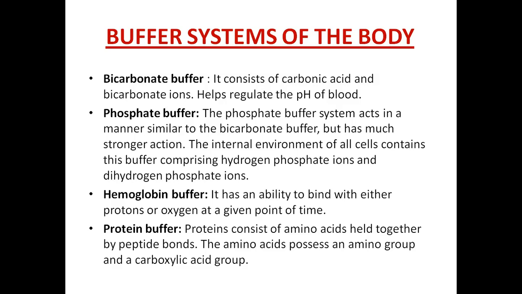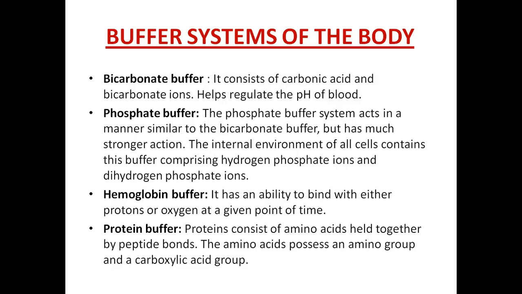So at a physiological pH, the carboxylic acid exists as a carboxylate ion with a negative charge, and the amino group exists as an NH3+ ion. When the pH becomes acidic, the carboxylate group takes up excess hydrogen ions to return back to the carboxylic acid form. If the blood pH becomes alkaline, there is a release of protons from the NH3+ ions, which take the NH2 form. So this is how a protein buffer acts.